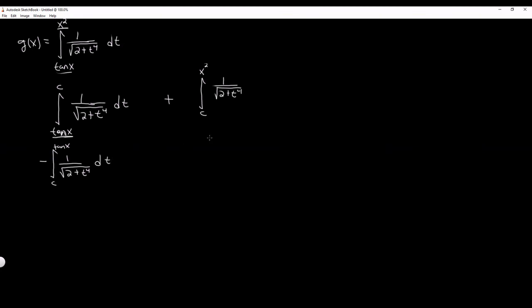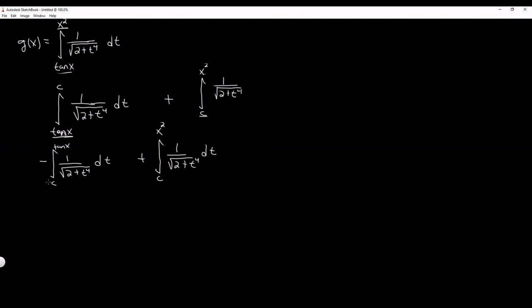And then this one is fine. We have from some constant c up to x squared, so that's totally fine, of 1 divided by the square root of 2 plus t to the fourth dt.